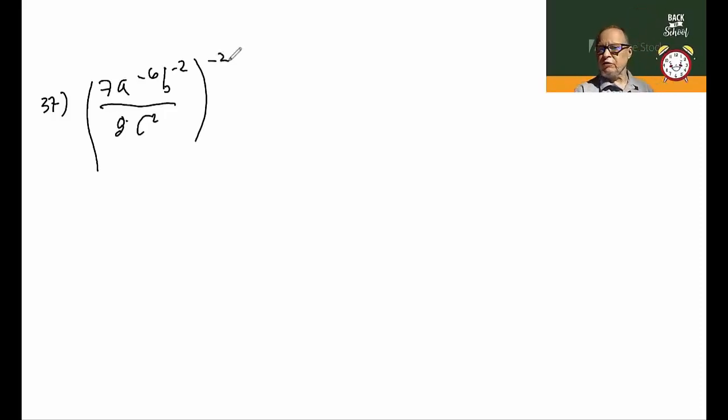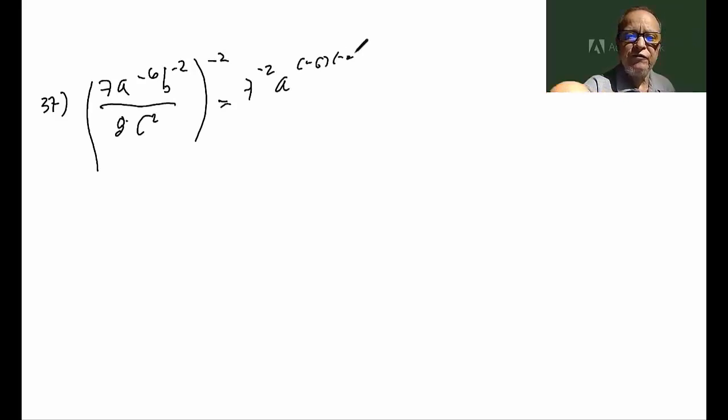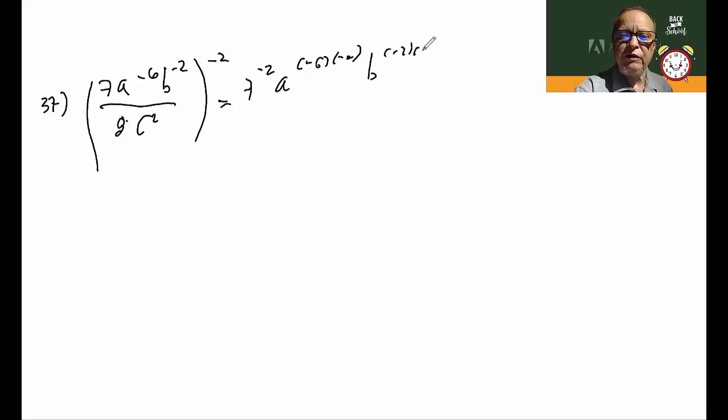Now, of course, there are different ways we can go about this. One way is to multiply in the negative 2 first, and that will give us 7 to the negative 2, a to the negative 6, negative 2, b to the negative 2, negative 2, divided by 8 to the negative 2, c to the negative 2 times negative 2.